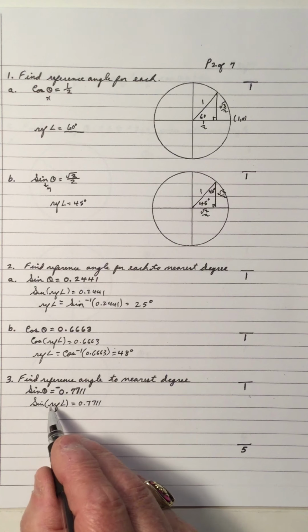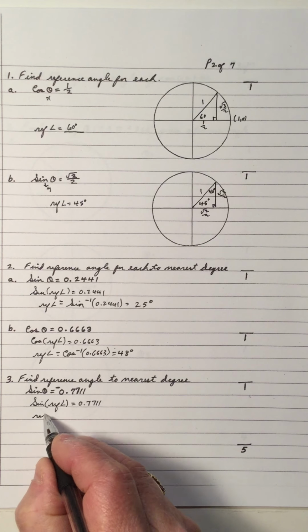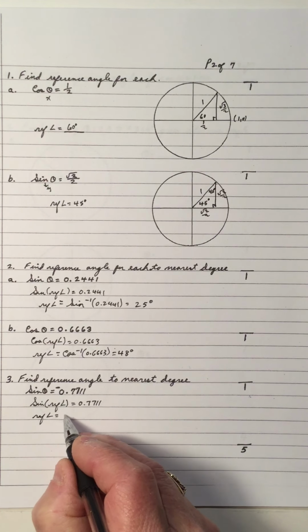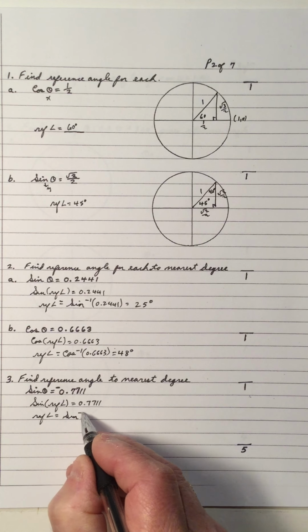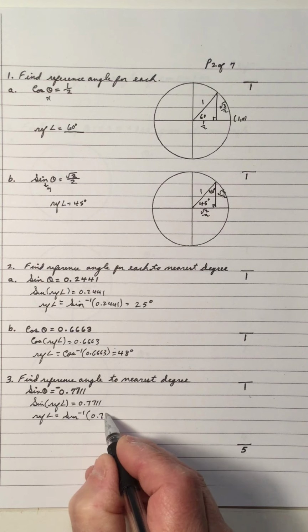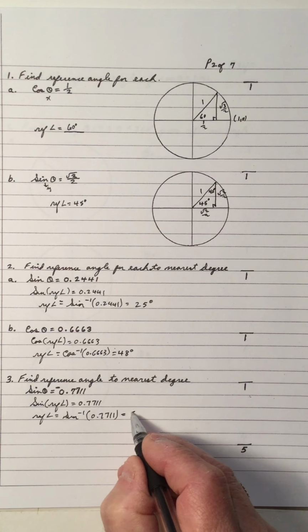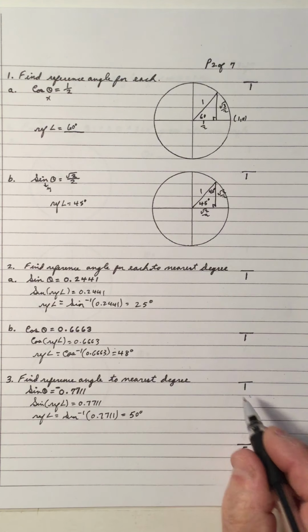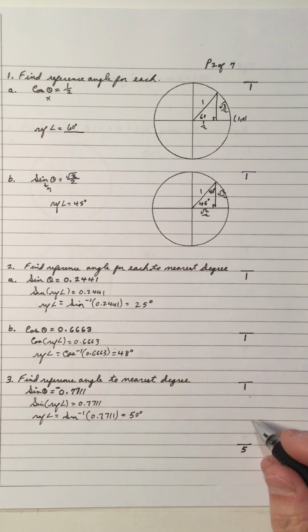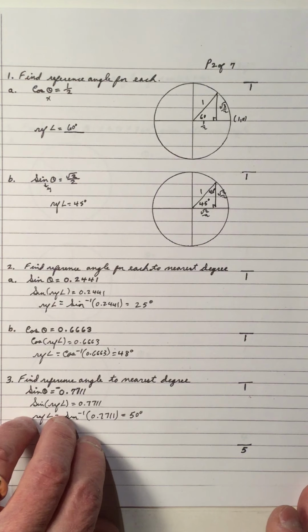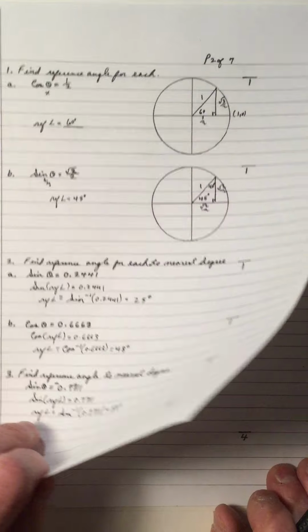So keeping it positive will give you the reference angle. So the reference angle is sine to the -1 of 0.7711. And that reference angle, if you work it out, becomes 50 degrees. Give yourself a mark. And the total for the page is 5. Hopefully everything is going well in the review.